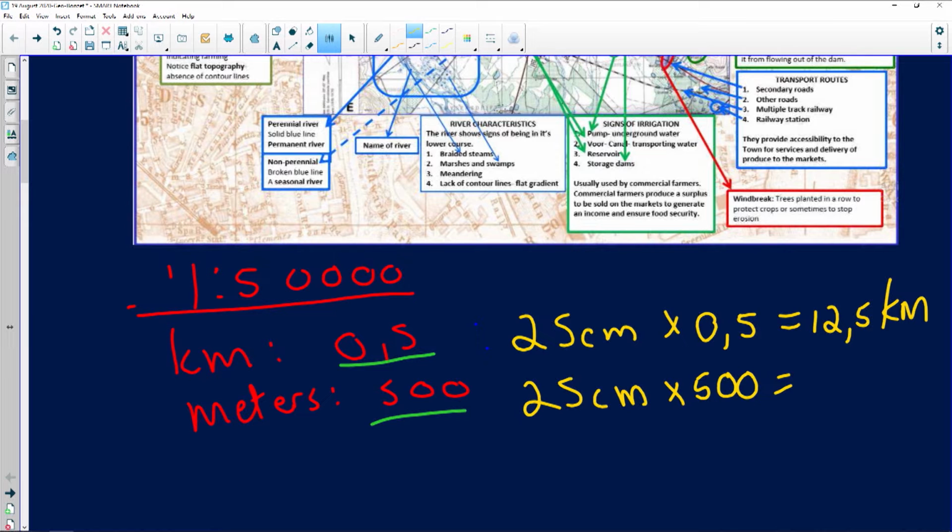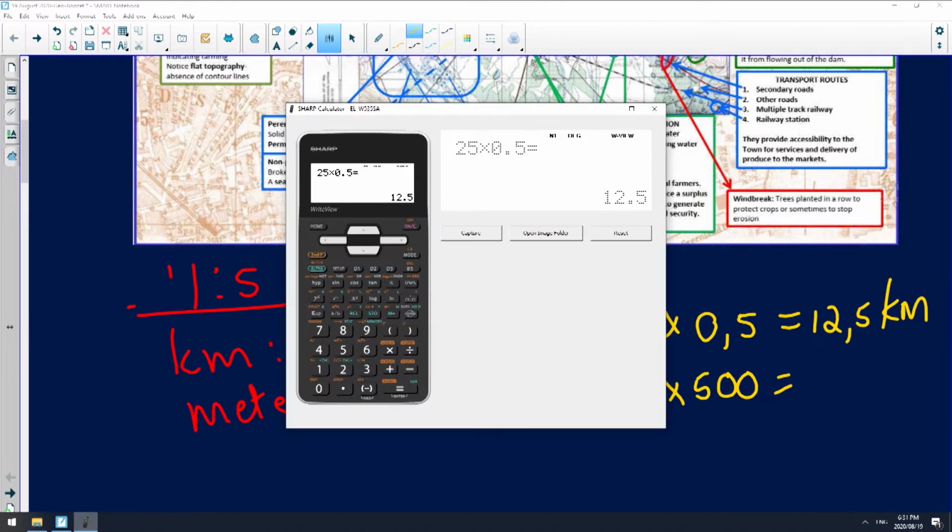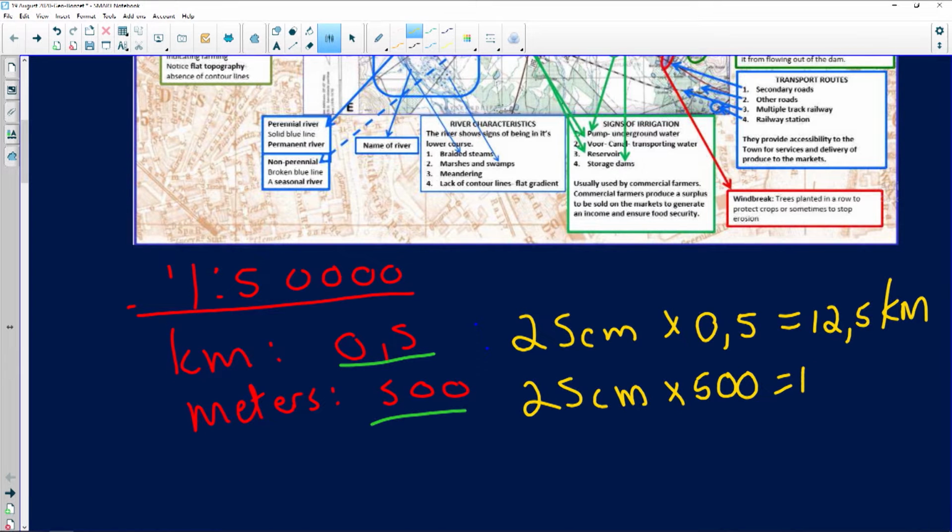Once again, yes, you might be a mathematics pro, but do use your calculator. 25 times 500 gives me an answer of 12,500 meters. Okay, straightforward.